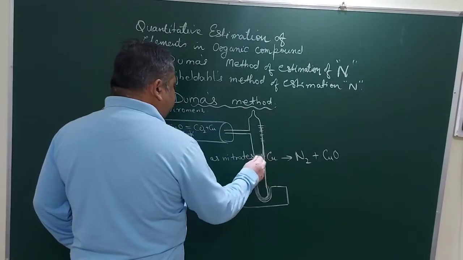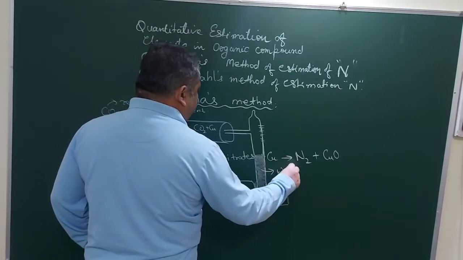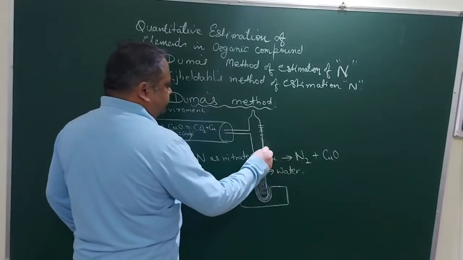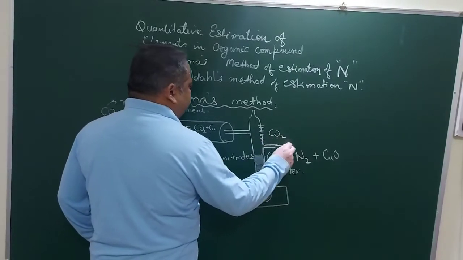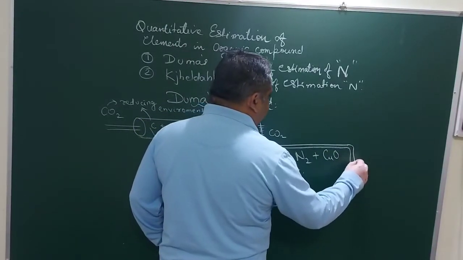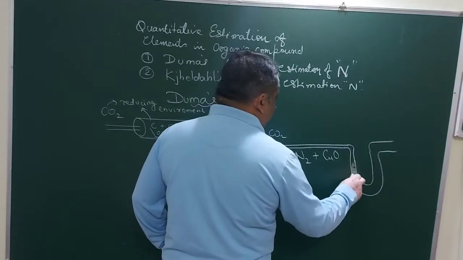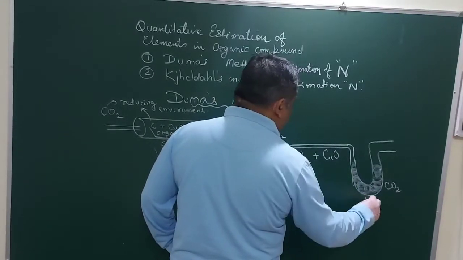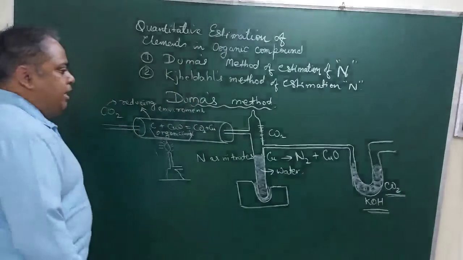Inside this, water is filled in. Now, from the other side, the CO2 gas which comes out is absorbed in KOH solution, which is not required. CO2 is absorbed in KOH. So here this CO2 is not required. It is just for absorbing it, so that atmosphere does not get polluted.